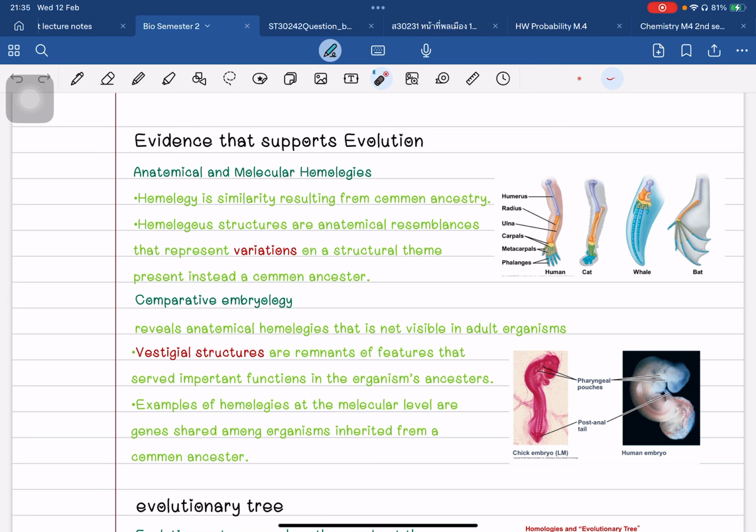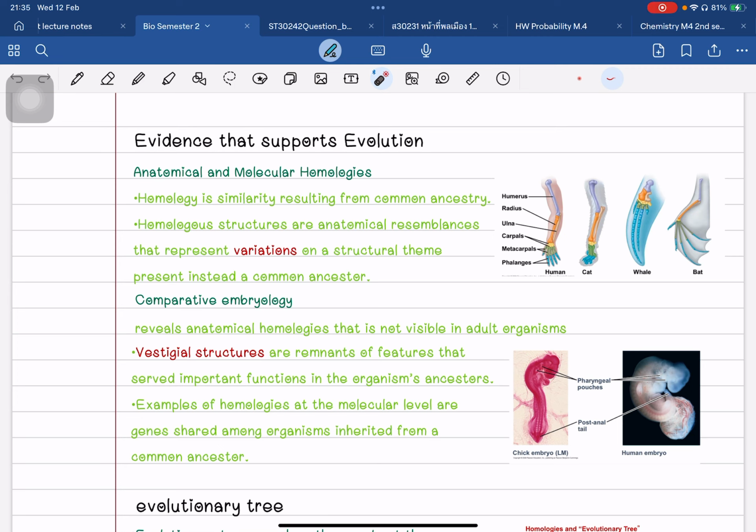And another evidence is comparative embryology. This reveals anatomical homologies that cannot be seen or are invisible in adult organisms.